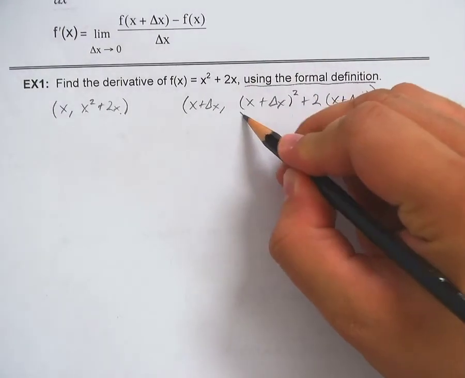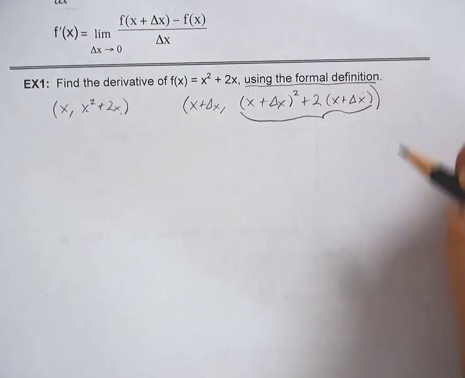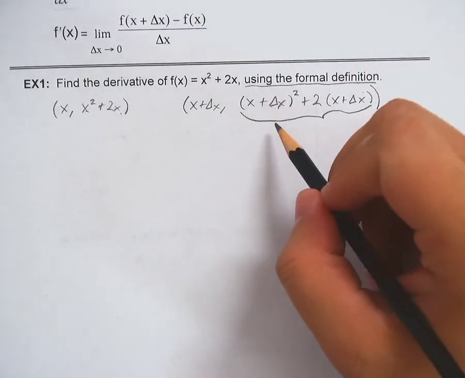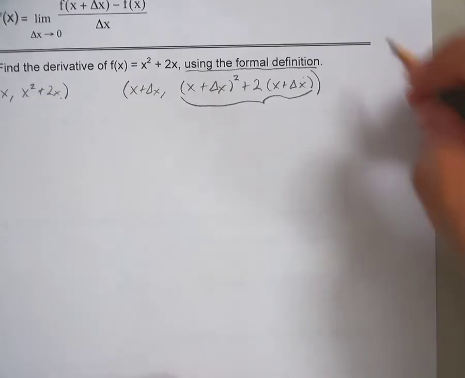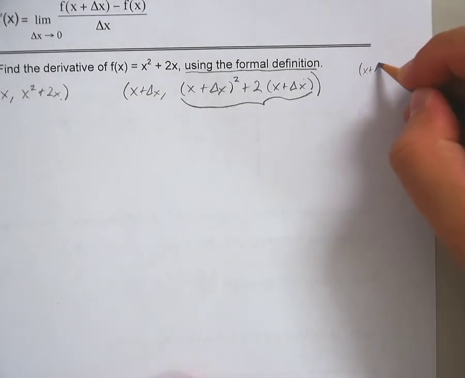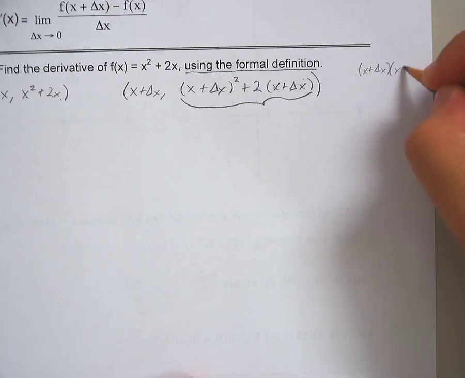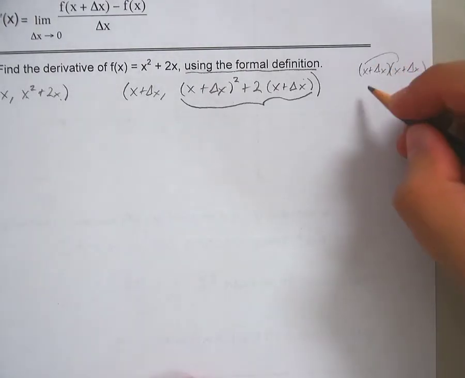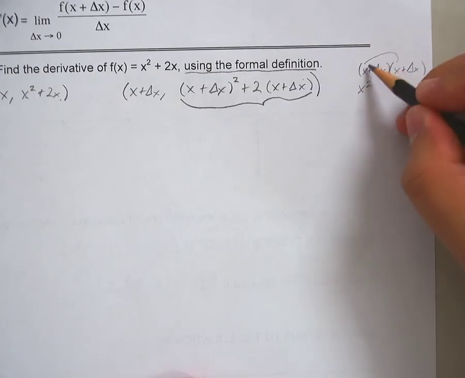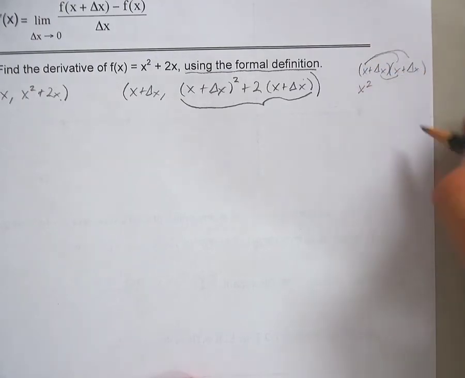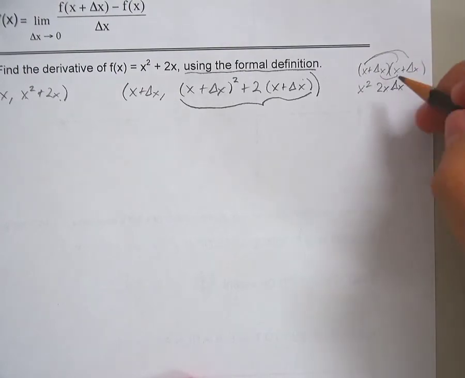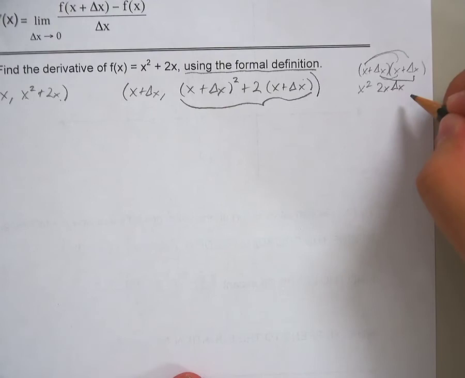Now before we go any farther, let's figure out what this becomes. X plus delta x squared is x plus delta x times x plus delta x. You've got x squared, x delta x twice, that's 2x delta x, and then delta x squared.